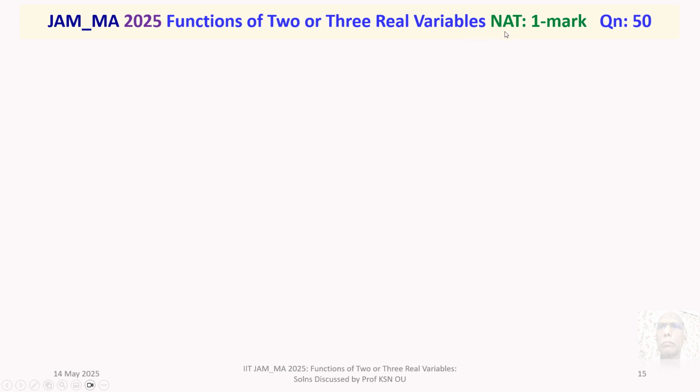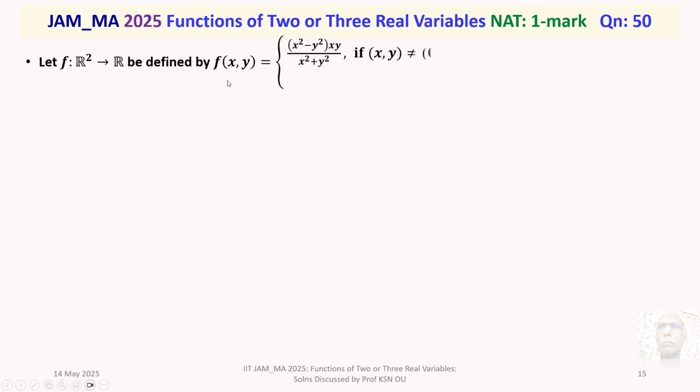It is a numerical answer type. The given question is, let f be a map from R square to R defined by f of (x, y) is equal to (x square minus y square) in brackets multiplied by xy by (x square plus y square) when the ordered pair (x, y) is not equal to (0, 0), and is equal to 0 otherwise.